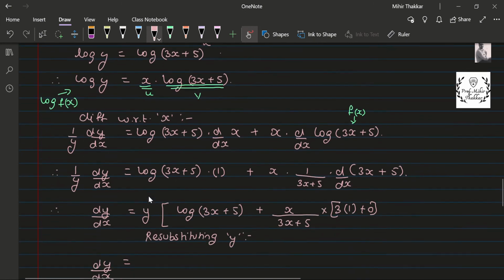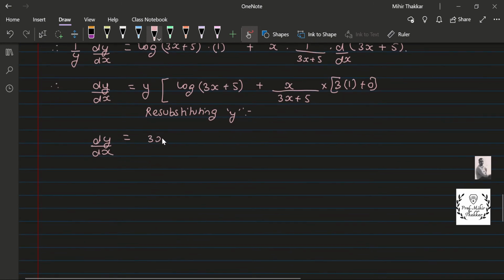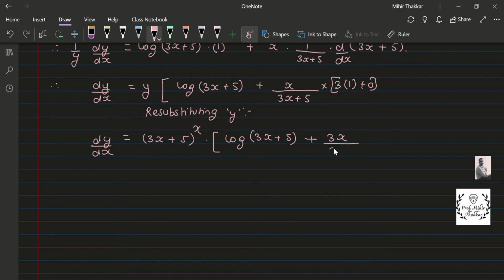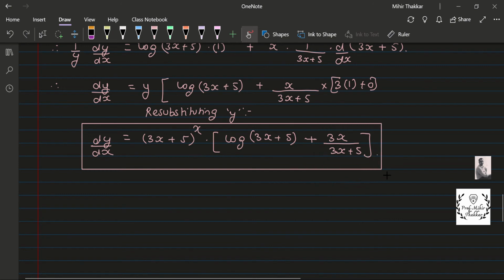It was 3x plus 5 whole power x multiplied by log 3x plus 5 plus 3x upon 3x plus 5. So that becomes your required value for dy by dx. I'm sure everybody is able to get that. It's a very easy thing, guys.